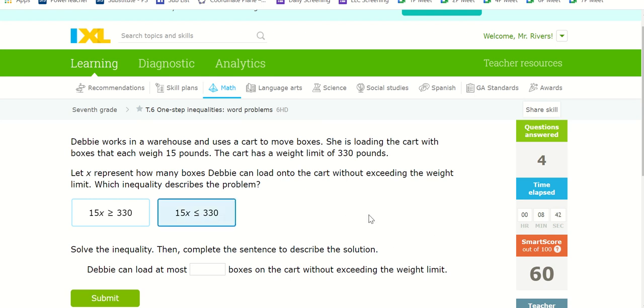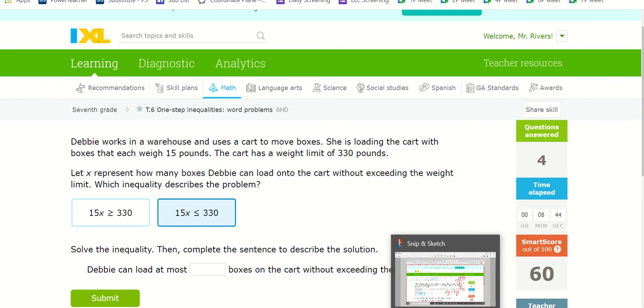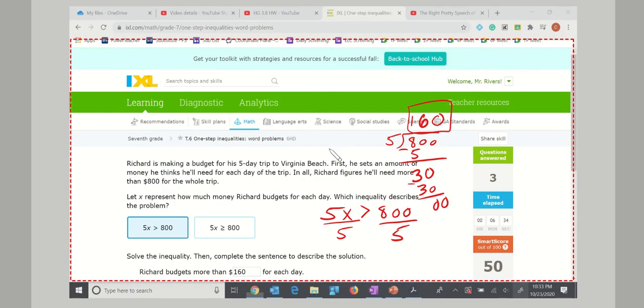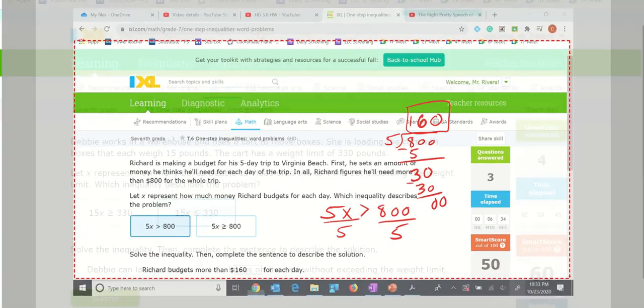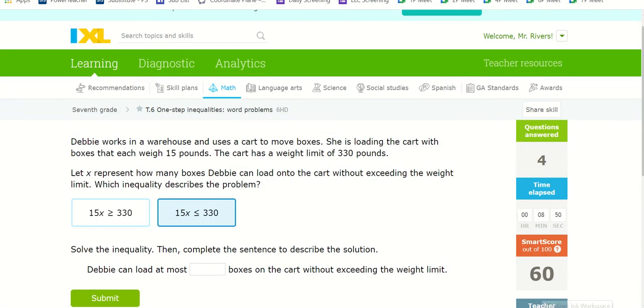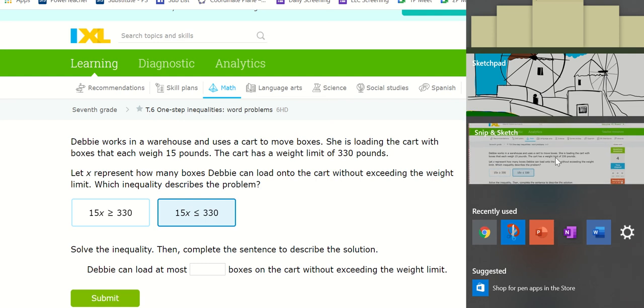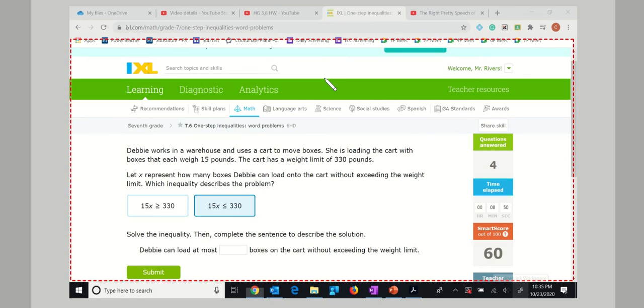So let's go to the Snip and Sketch again. All right, let's get a new snip going. So here we go. And again, we got to divide. So we're going to divide by 15 on both sides.